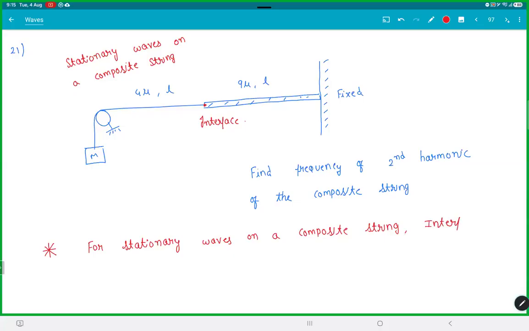That is the thing that you should figure out. Because if the interface moves, it generates transmitted and reflected waves. So there will be three waves moving every time. It's messed up.